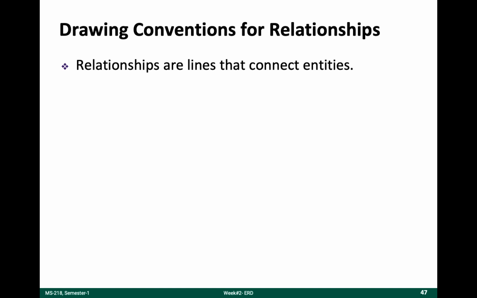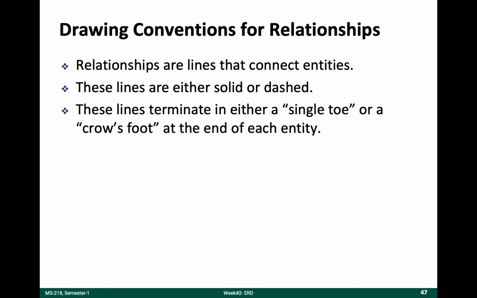Relationships are lines that connect entities. These lines are either solid or dashed. These lines terminate in either a single toe or a crow's foot at the end of each entity. We have discussed that relationships could be optional, but how can we represent optionality and cardinality in an ERD? It's talking about this thing.